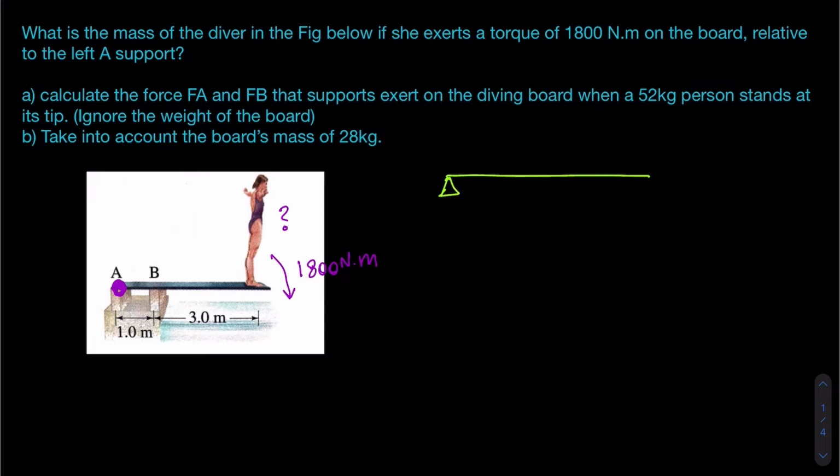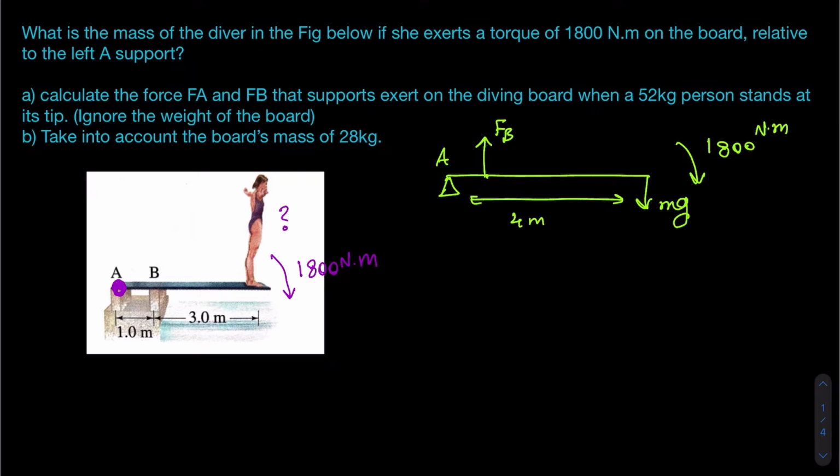This is the fulcrum, which is A. Here we have another support which exerts FB upward, and then here we have mg of the diver, which makes the turning effect of 1800 Newton meters. And the distance here is 4 meters.